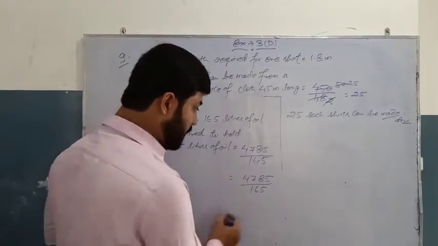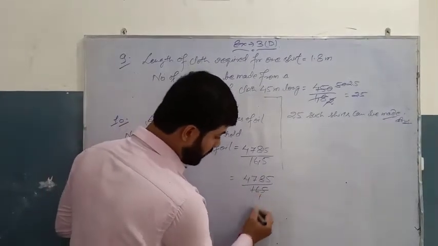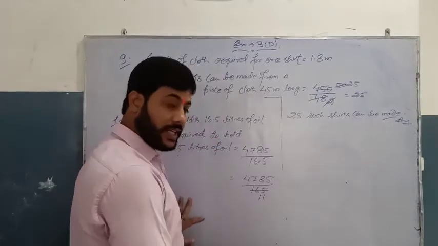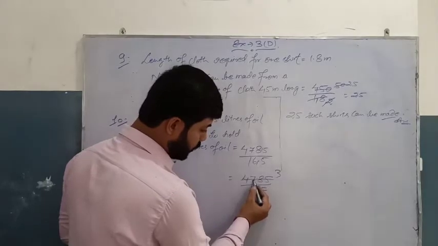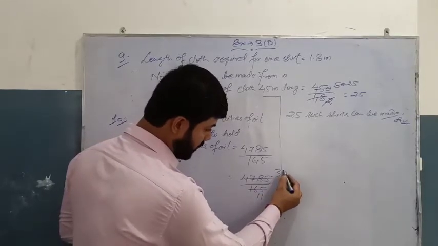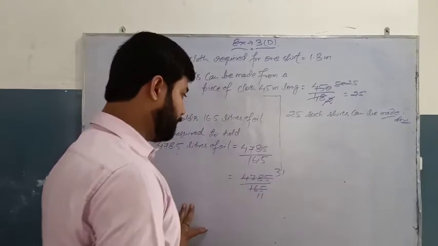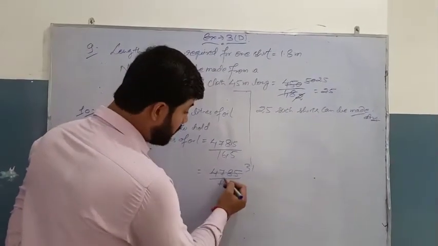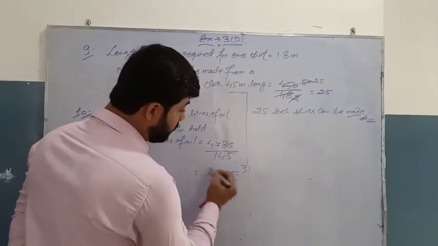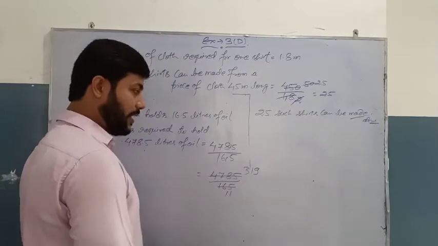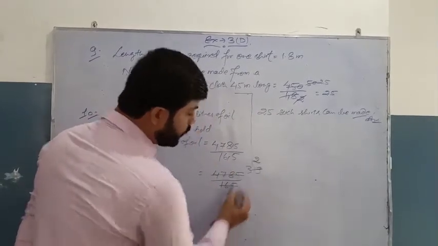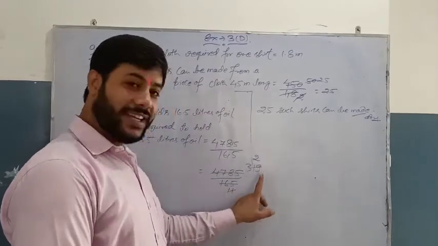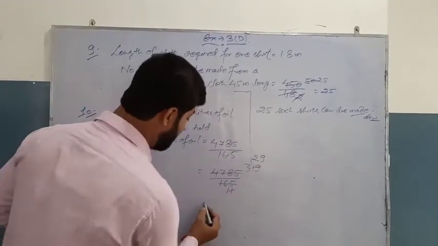Now we can write it as 4785 by 165. Now we can divide it by 15. 15 ones are 15, 15 threes are 45, 15 ones are 15, 15 nines are 135. Now 11 divides: 11 twos are 22, 11 nines are 99.